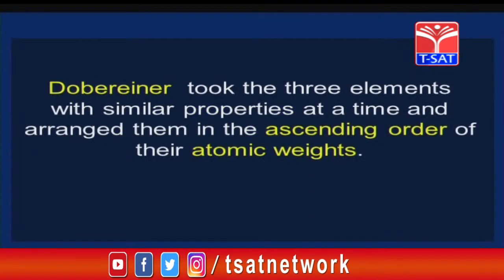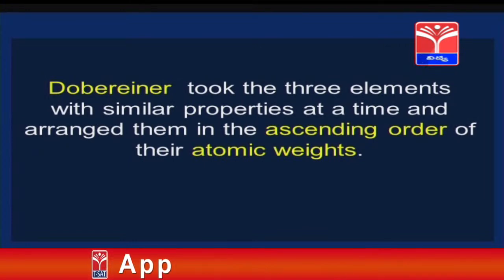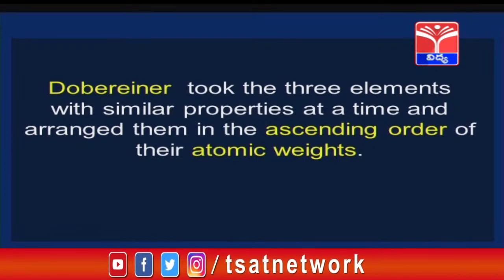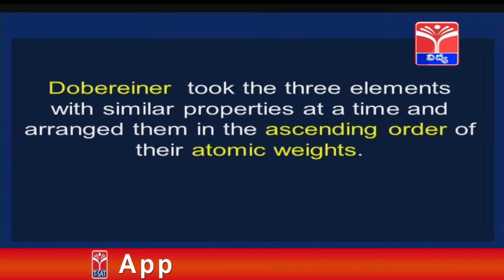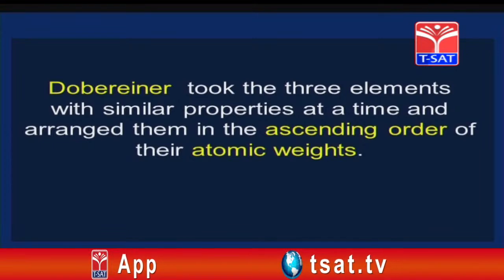Dobereiner took 3 elements with similar properties at a time and arranged them in ascending order of their atomic weights. That means, from the element of lower atomic weight to higher atomic weight.